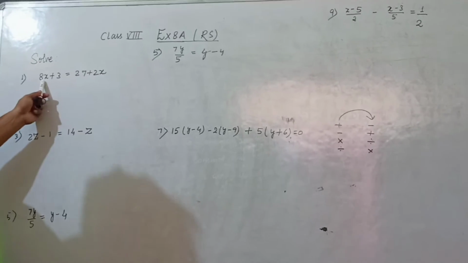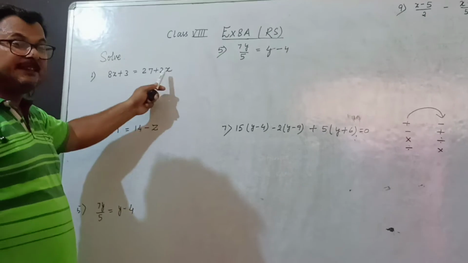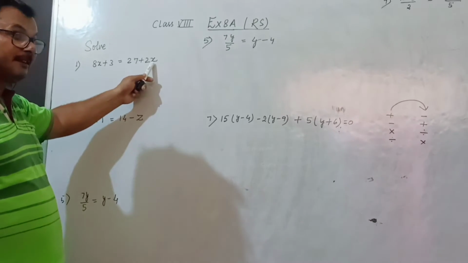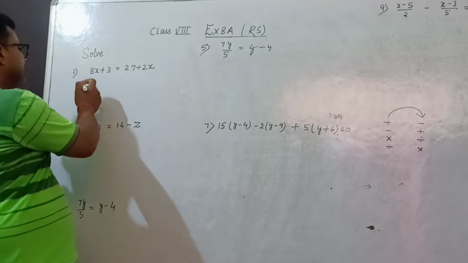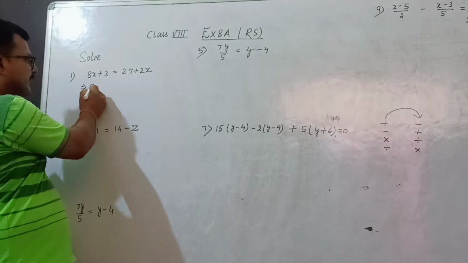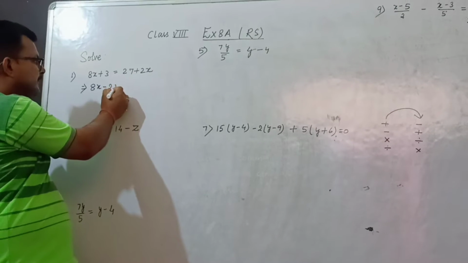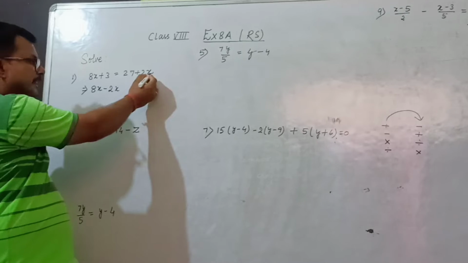You see 8x is being given here and here 2x. Firstly we will transpose 2x from right to left. This will be noted down, 8x, then 2x will be brought here from right to left.